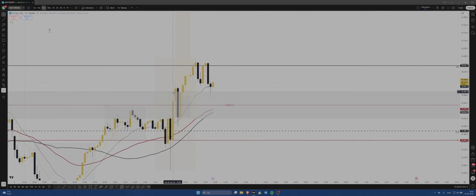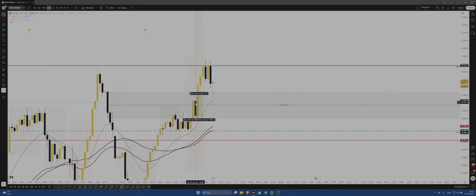Yes, the 15-minute closed above the mat block, but the 30-minute didn't. It closed inside, and then the next candlestick closed above and outside. But as you can see, if I had gotten my entry here, I would have ended in break even after all. So again, very nice trade and happy with the result.